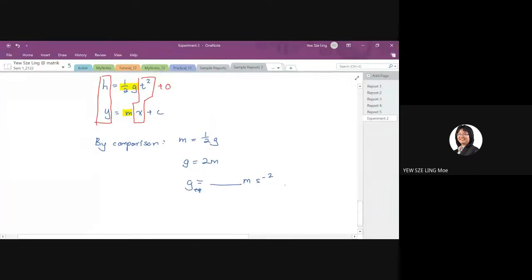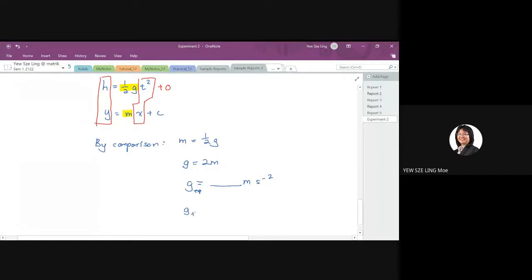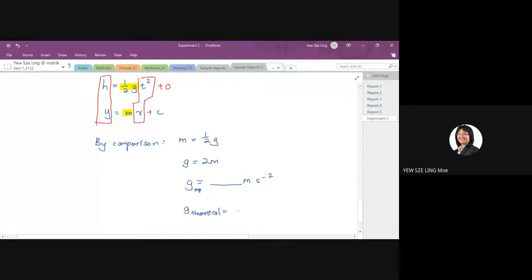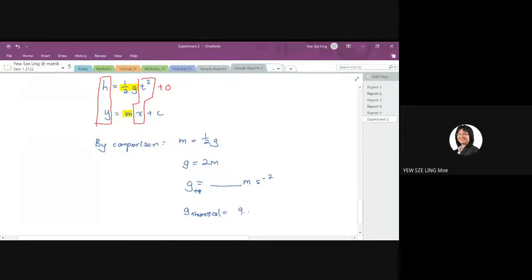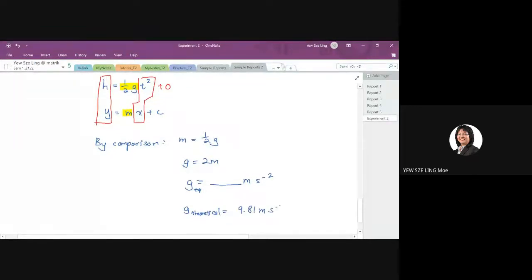What are we going to do after we obtain this value? Since you are not given delta m, you cannot calculate the percentage of uncertainty, but you can calculate the percentage of error, because we have g theoretical. G theoretical is equal to 9.81 m s^-2.